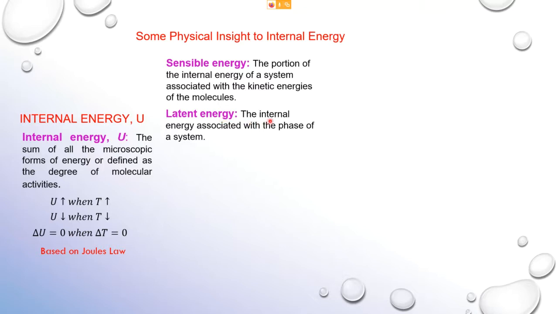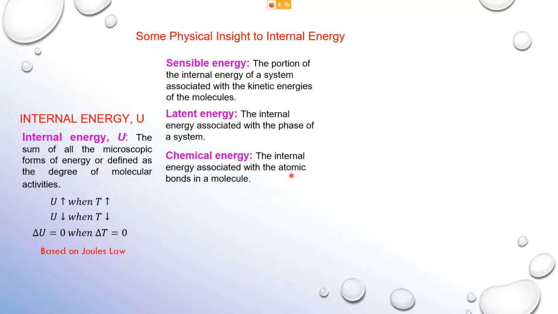Then latent energy is the internal energy associated with the phase of the system. So that provides phase changes, for example, from ice to water. That is called latent energy. Then chemical energy is the internal energy associated with the atomic bonds in a molecule, that means the intermolecular bonding which tends to bind the molecules together.